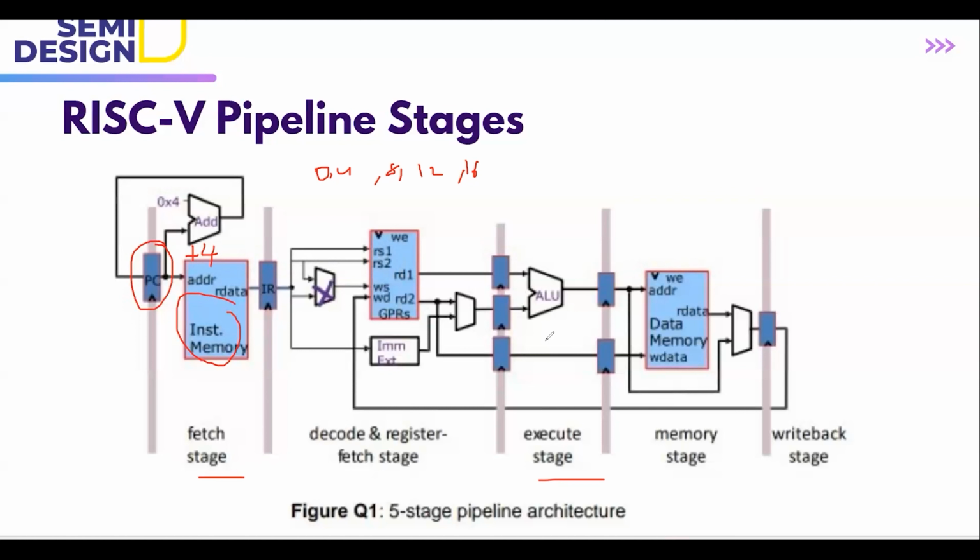Based upon the different types of operations, we have addition and subtraction. In logical operations, there will be AND or XOR, like that, right? Whatever the results are, they will be stored in the memory or into the registers.